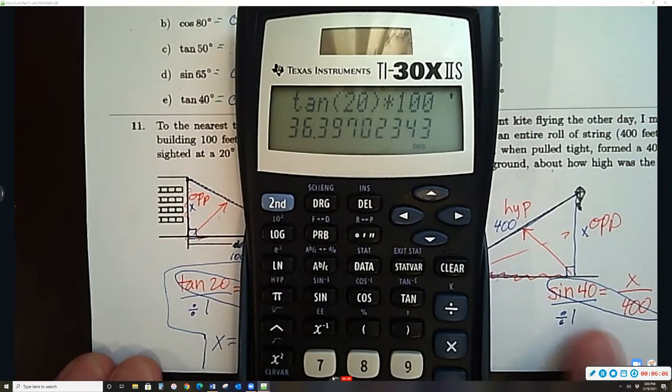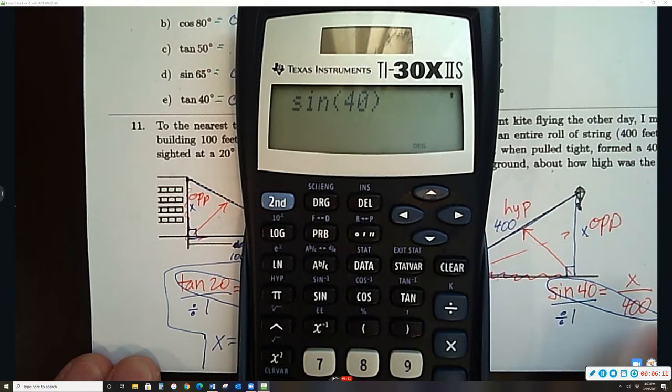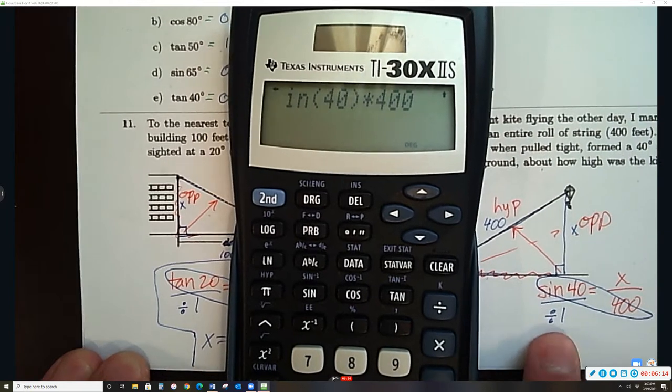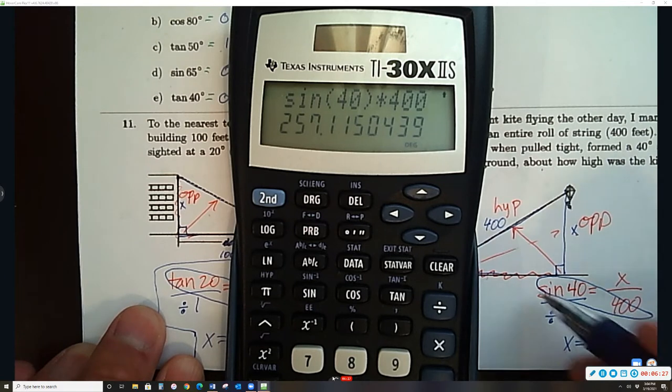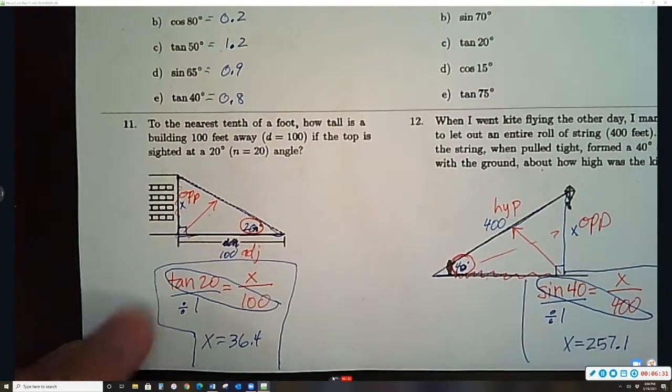It's going to be sine of 40 degrees, close my parentheses, times 400, and then divided by 1. Again, I can leave off the divided by 1 for now, because any number divided by 1 is the same number. And that's 257.